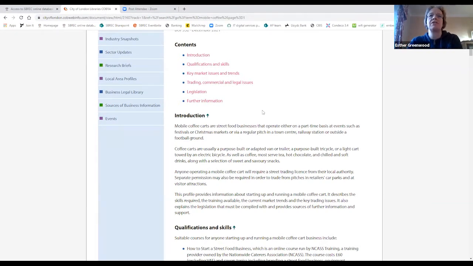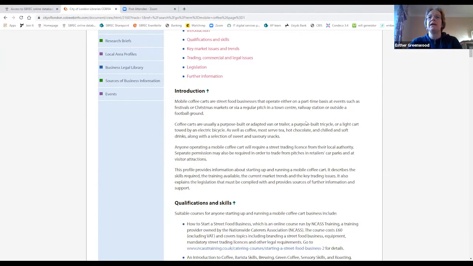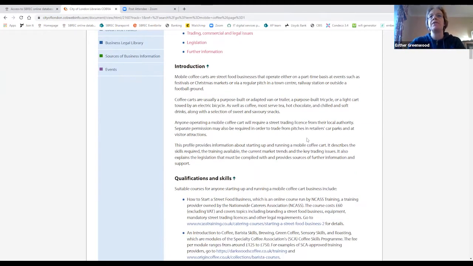So we've got an introduction to the mobile coffee cart. It might be on a bicycle, it might be more of a van, which I think is what the delegate coming today is looking to do. I think they've got a van and they're looking to convert it. The first thing it says in the introduction is something somebody will need to think about: anyone operating a mobile coffee cart will require a street trading license from the local council, the local authority.